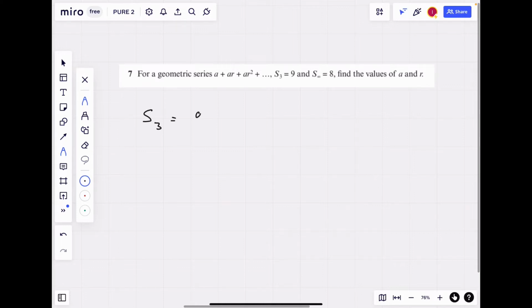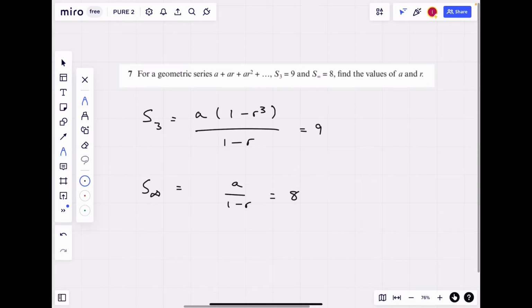You would write a bracket 1 minus r cubed over 1 minus r, and we're going to make that equal to 9. Easy. How would you write S infinity? A over 1 minus r. You're going to make that equal to 8.